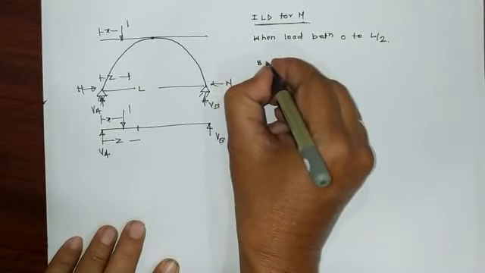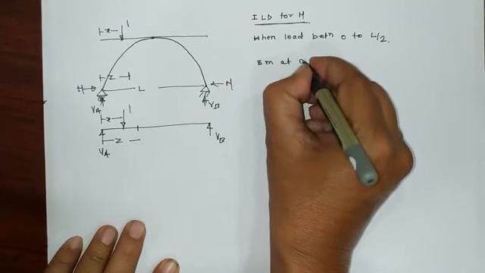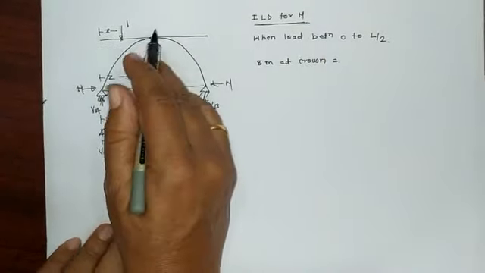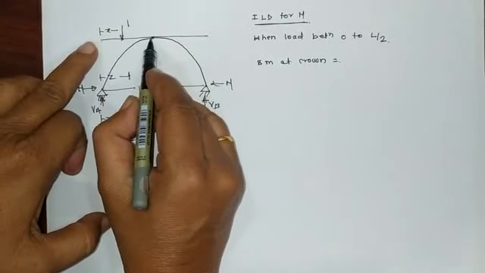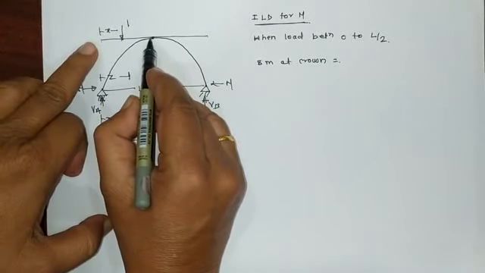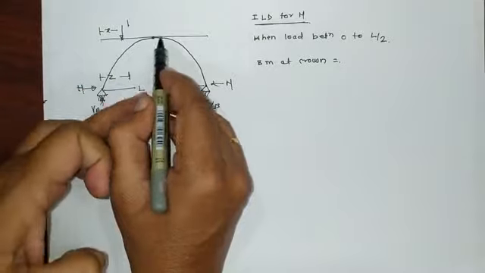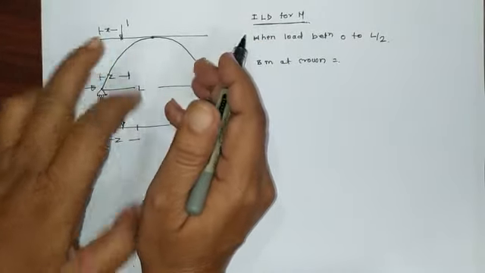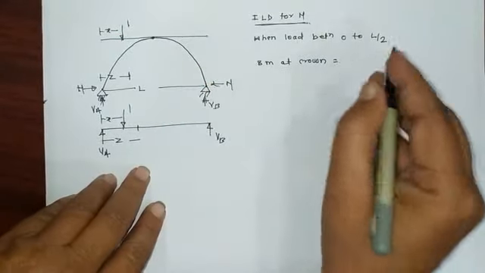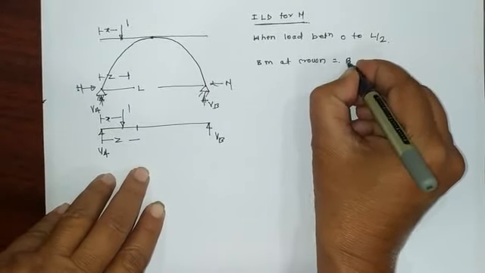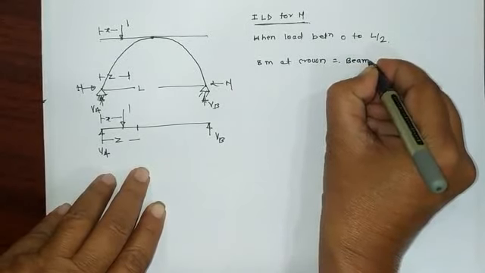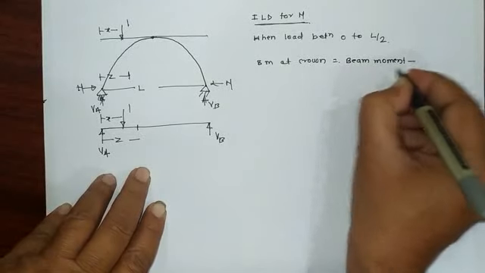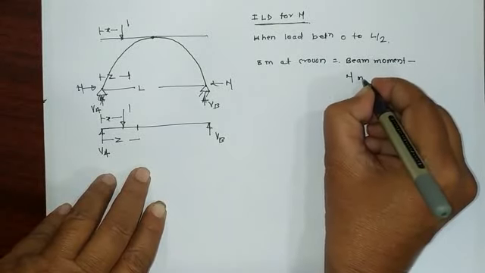So bending moment at the crown is equal to, when this load is between 0 to L by 2, the bending moment at this section, from the left side or from the right side, both are the same. So we take it from the right side. What is it from Eddy's theorem? That is the beam moment minus H moment.